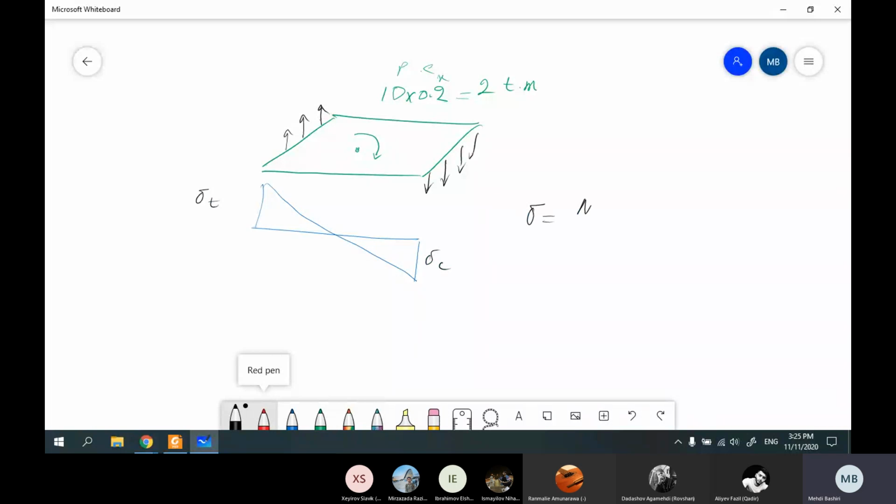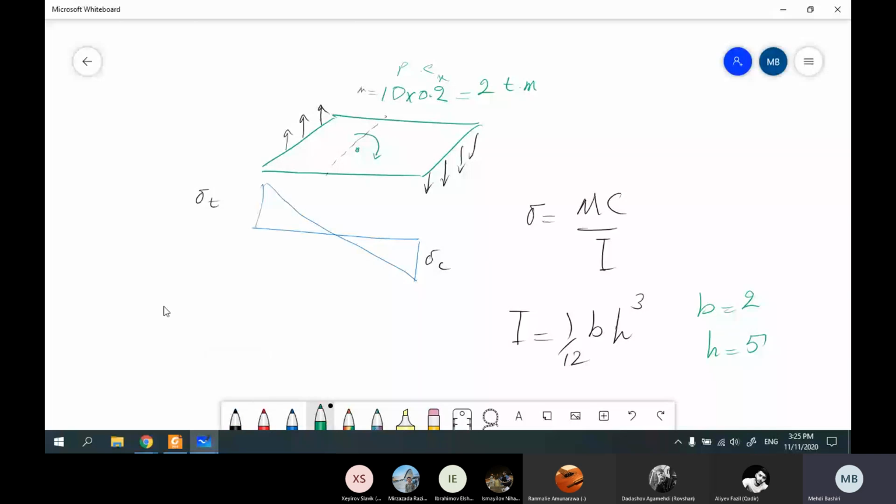What are sigma T and sigma C? Sigma is equal to Mc over I. What is I? The moment M is about this axis. I is 1 over 12 b h cubed. Here b is 2, h is 5.